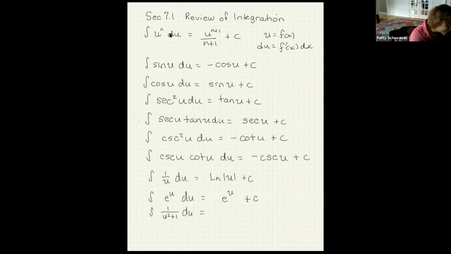And that was the arctangent of u. Hopefully today I'll give you a more general version of that one. The one that was the arc sine had a square root under here, and under the square root was a 1 minus u squared du. And so that was the arc sine of u.